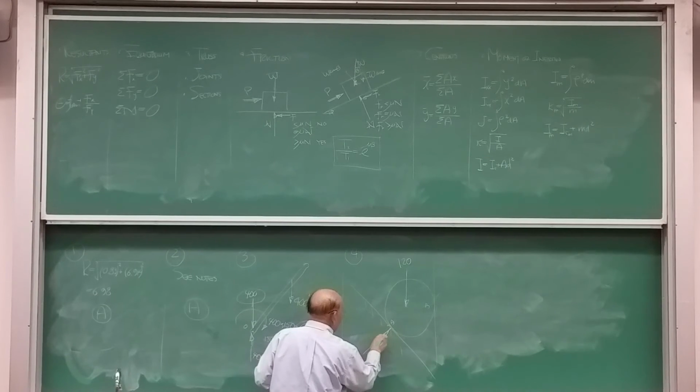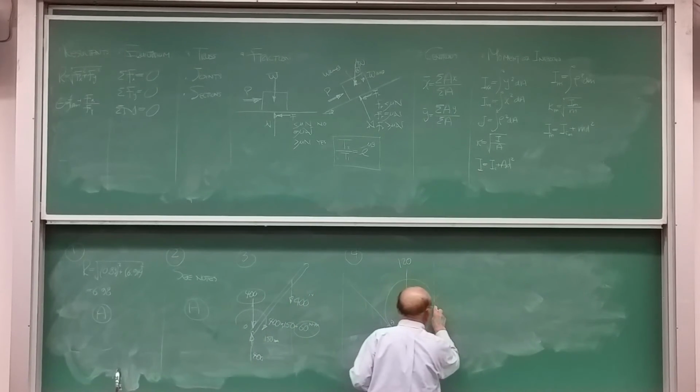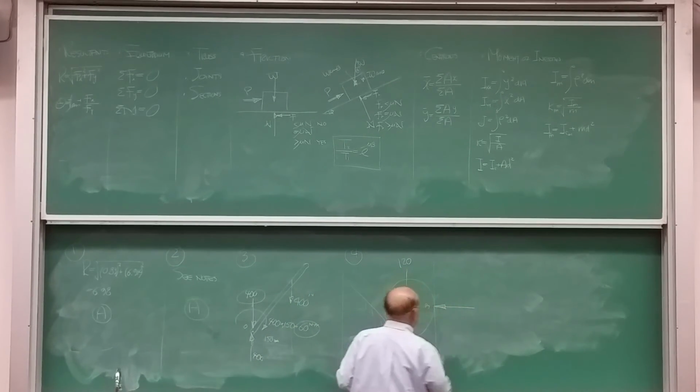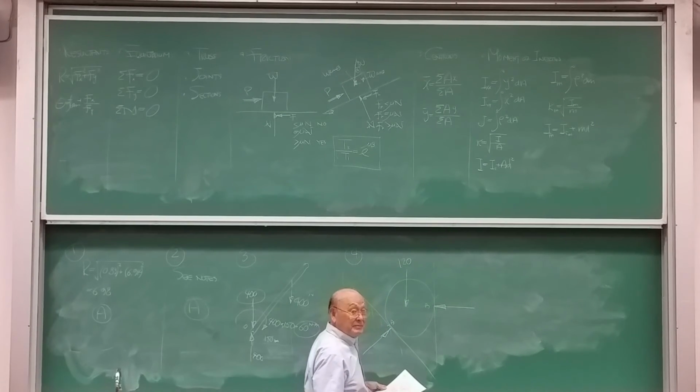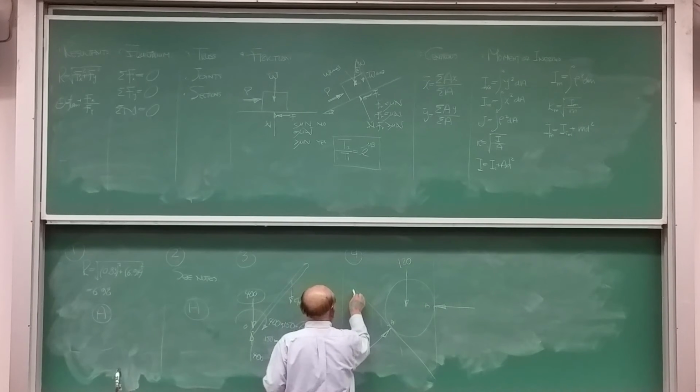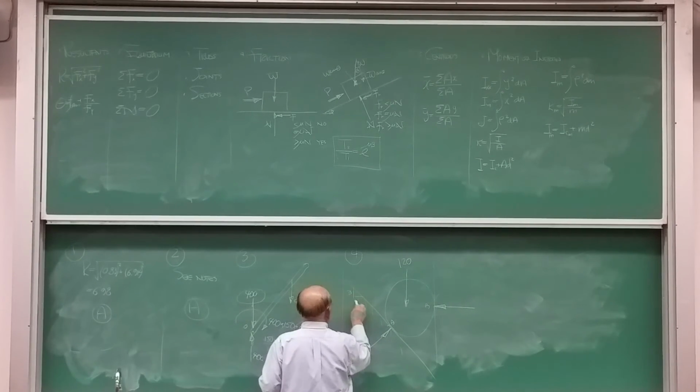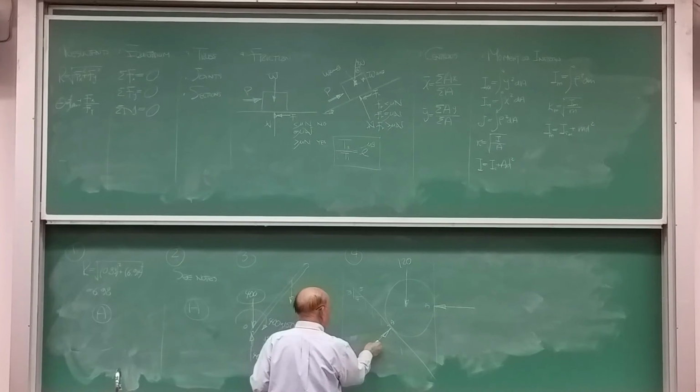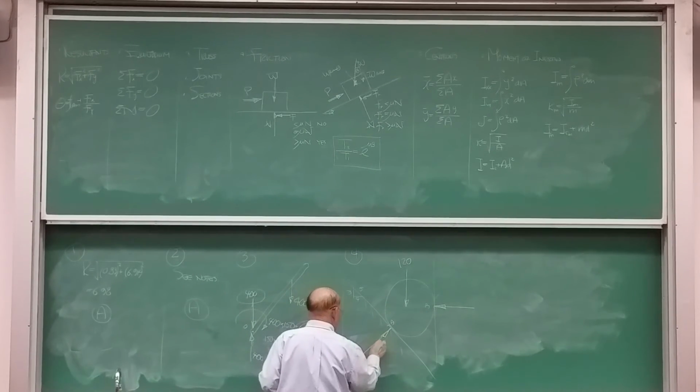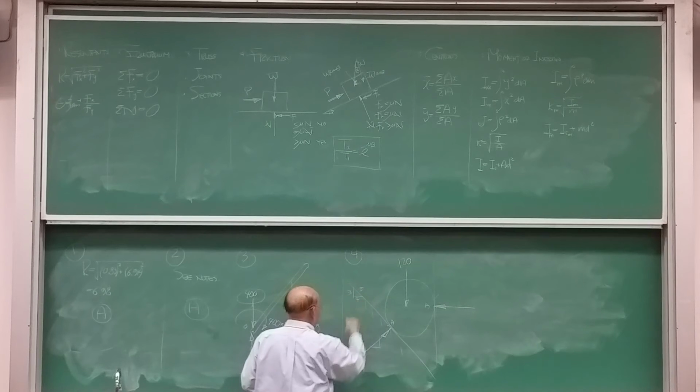And we go force this way. The slope of this one is a 3, 4, 5. This one is perpendicular to that, so the slope has to be switched.